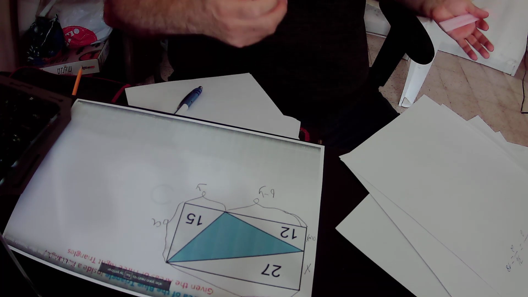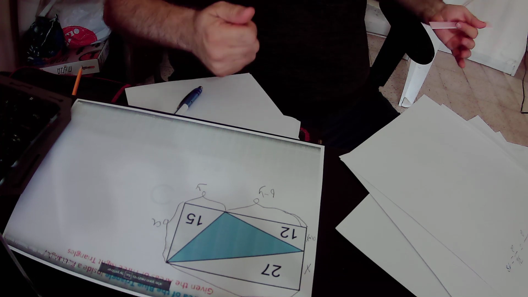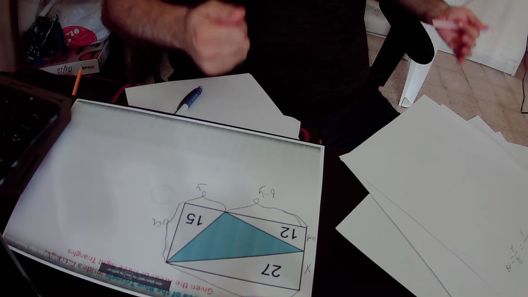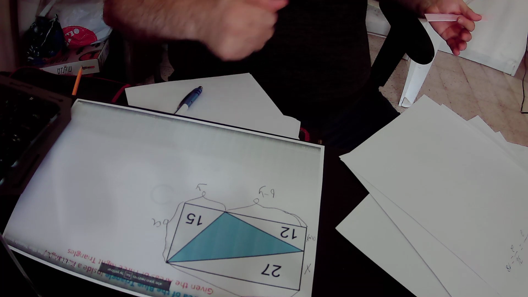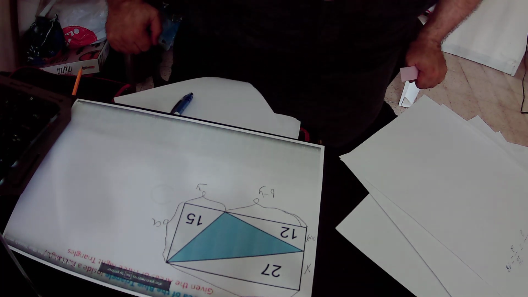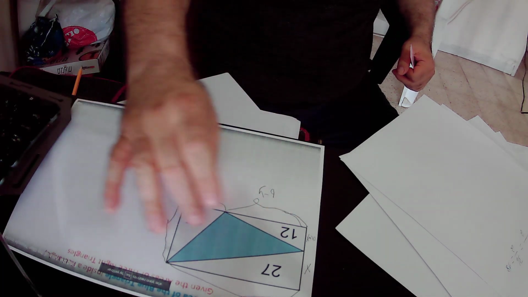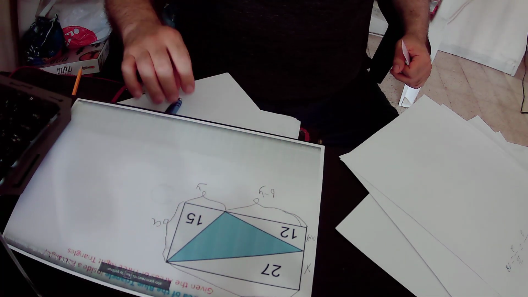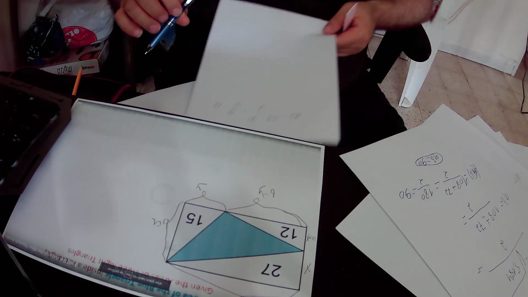So the rectangle itself must be greater than 54 units. So the answer of 18 units is not possible. So the only answer that is left is that the area of this rectangle equals 90 units.